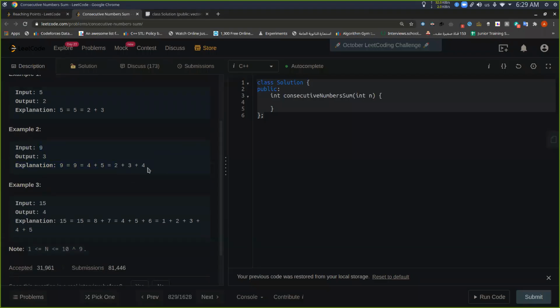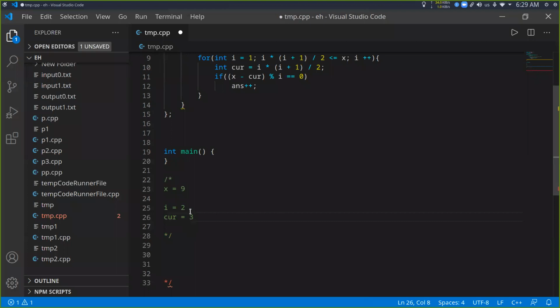So let's take a look at the last one. When I equals 3, then current will be 3 multiplied by 4 over 2, which is 6. So let's check. 9 minus 6, which is 3.